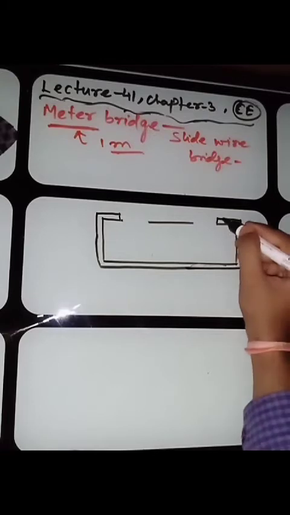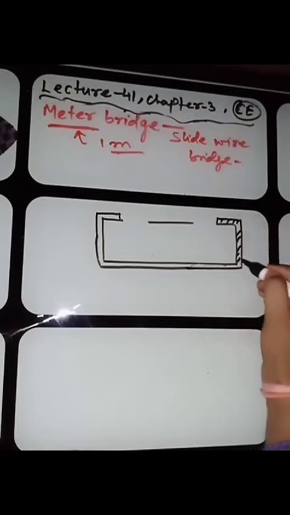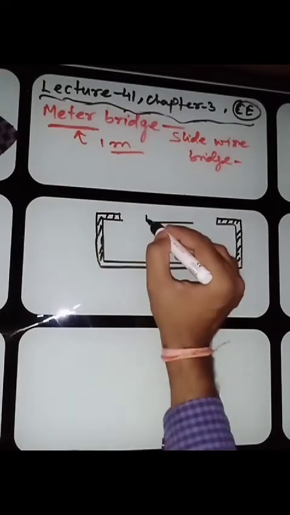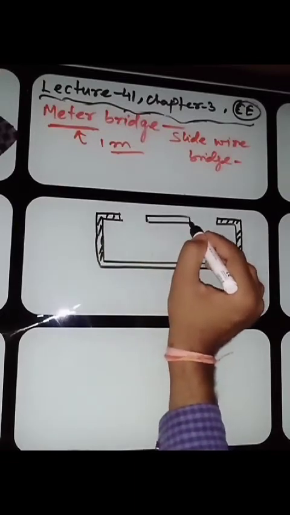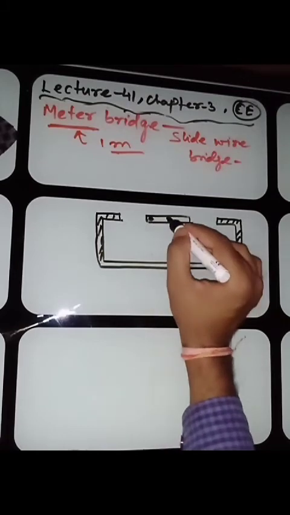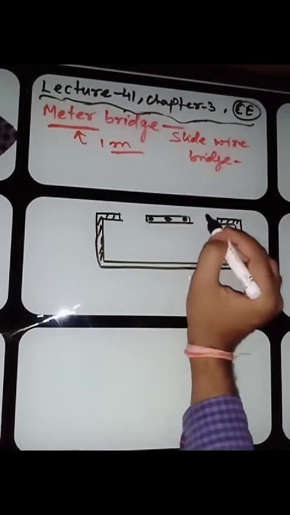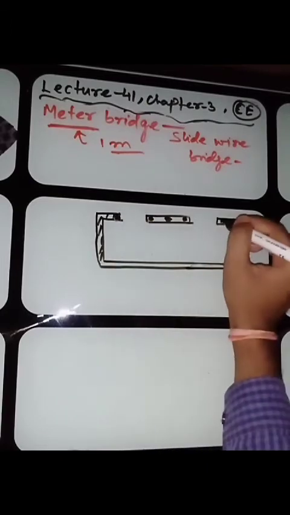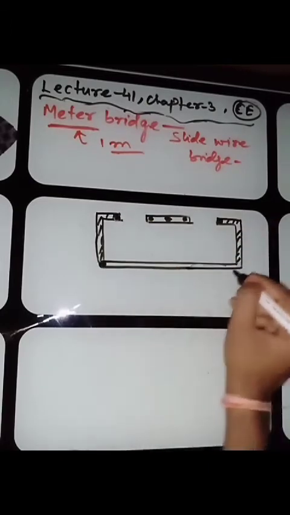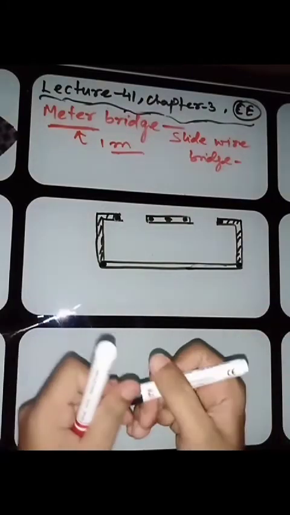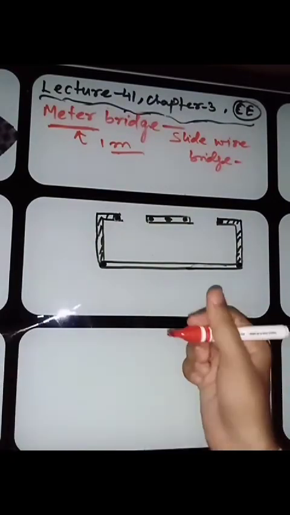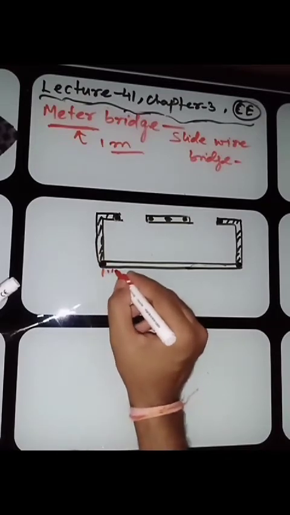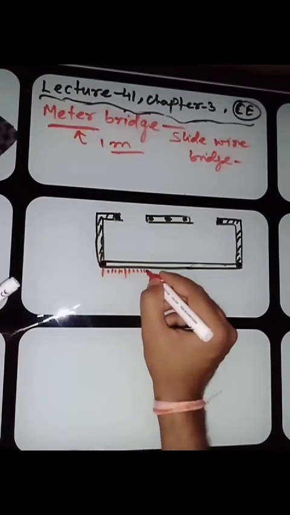These are well connected with the metal strip. The 3 points over here, 1 point over here, 1 here, 1 here, and it is calibrated with a scale. The 0 centimeter starts from here, tick tick tick tick.